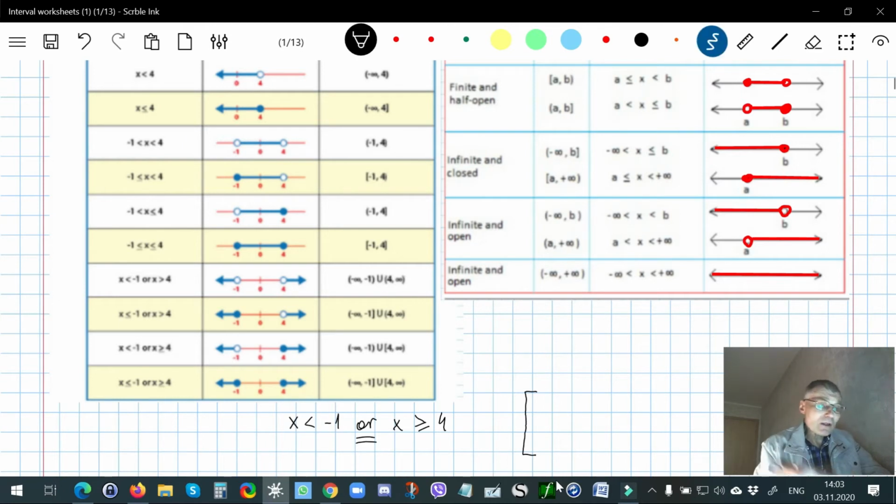So in this case, it would be one line, x is less than -1, and the next line, x is greater than or equal to 4. These two things mean absolutely the same. Sometimes I will be using this notation for you to get used to both of them.